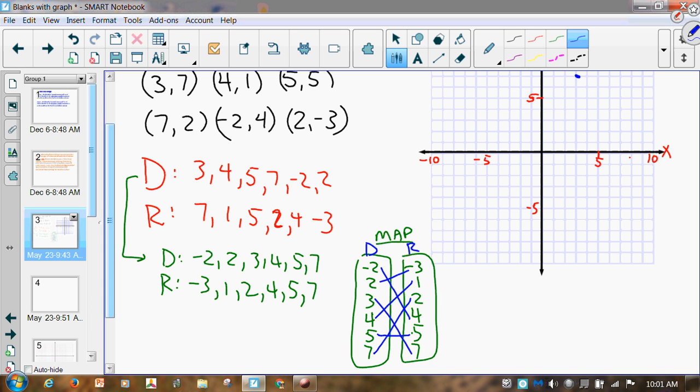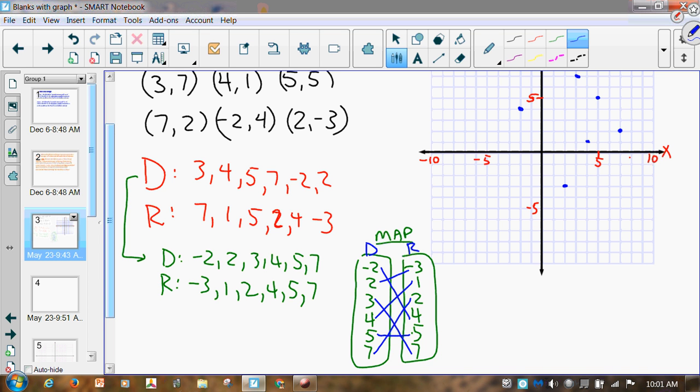There's 3, 7. 4, 1 would be right there. 5, 5 would be right there, and then 7, 2. 1, 7. There's 2, and -2, 4. So -2 and 4 would be right here, and 2 and -3. 1, 2, and -3 would be right here, right? And that's what that would look like.